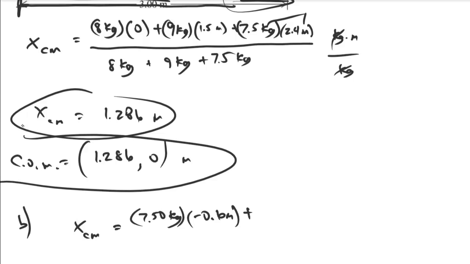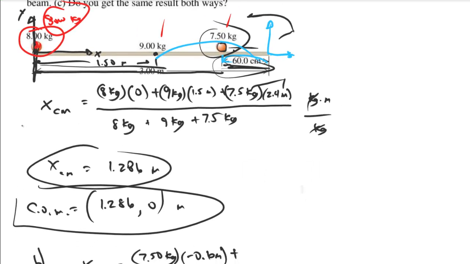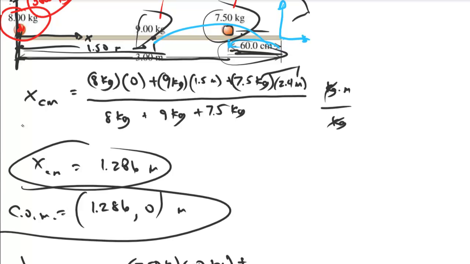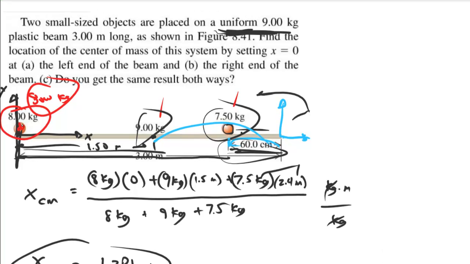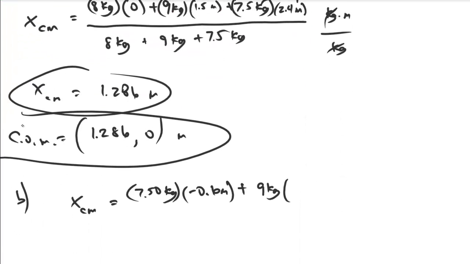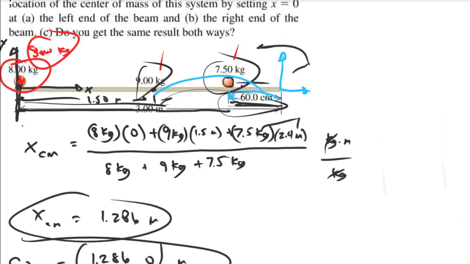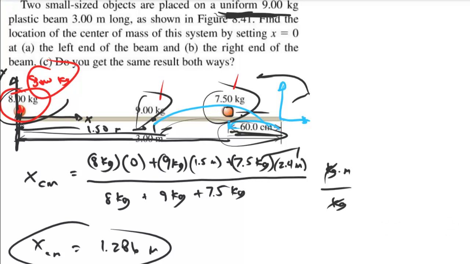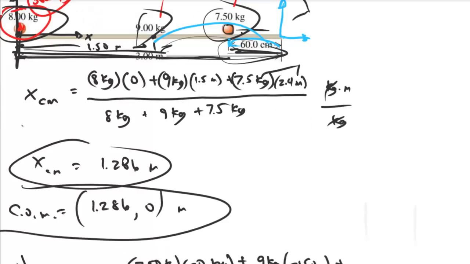Plus 9 kilograms is the next one. So 9 kilograms times its location, well, it's still in the center, so it's negative 1.5 meters over here. It's going from the right to the left. So times negative 1.5 meters, plus 8 kilograms, and this is located at negative 3 meters, right, all the way at the other end.